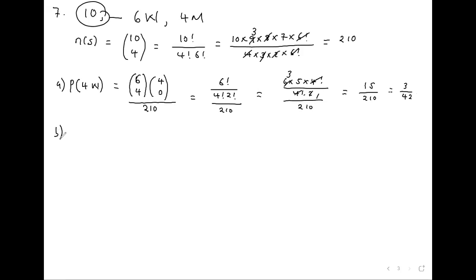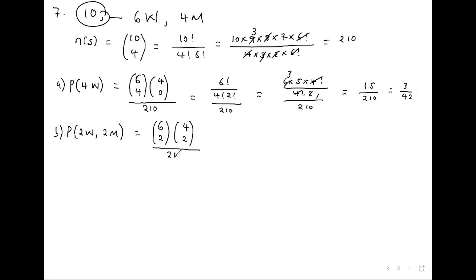That's for A. For B, the group consists of 2 women and 2 men. So the probability that you have 2 women, you also have 2 men. This is now from 6 women, you choose 2. From 4 men, you choose 2.